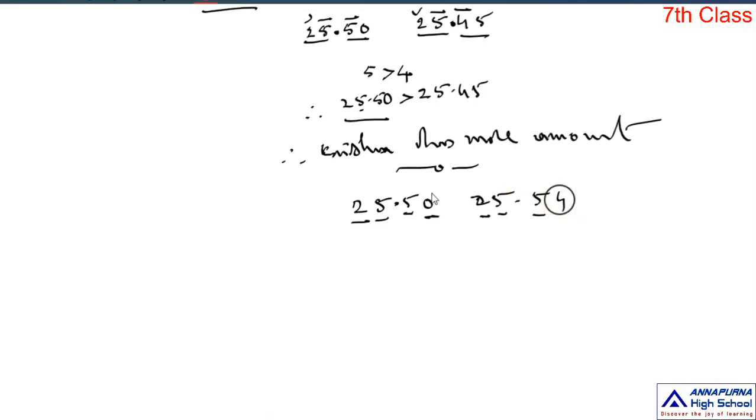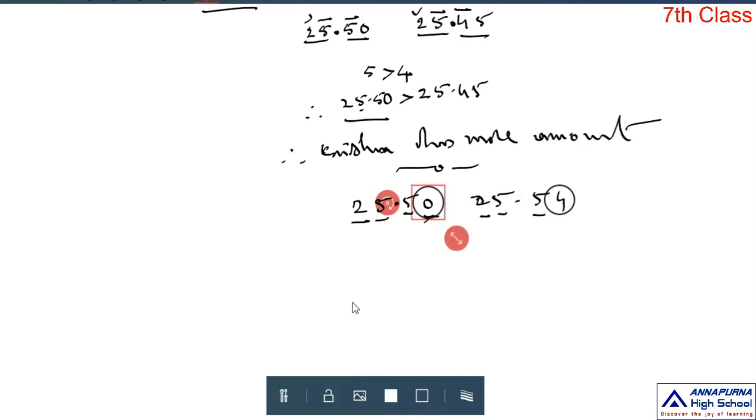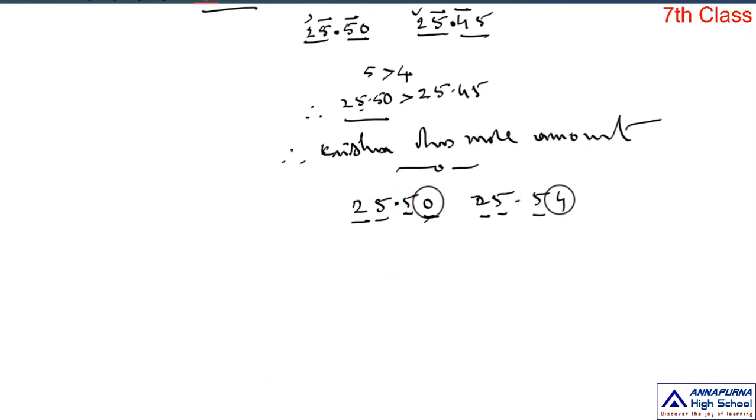Here 4, here 0. Therefore, 0 is less than 4, isn't it? 0 is less than 4.